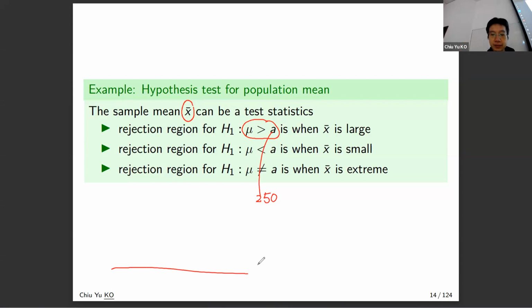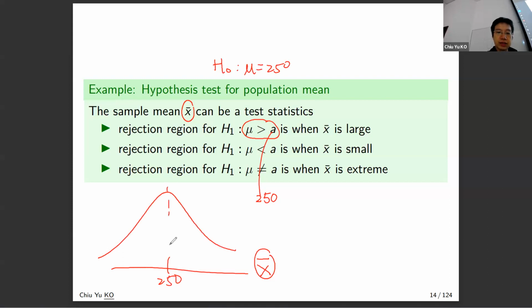We know this: assume H0, mu is 250. That's what I assume. And the question is, how large is large?